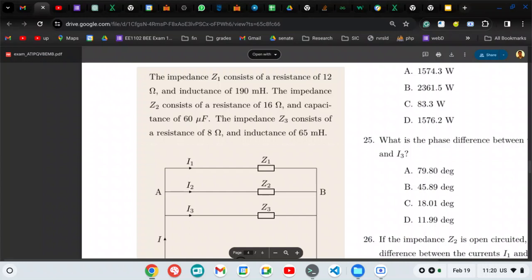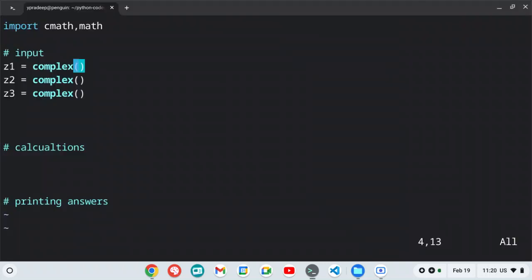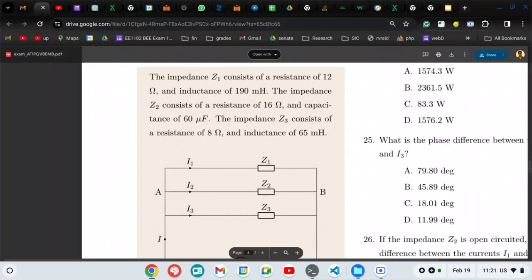What is the formula for converting the individual components into impedance? The real component will be 12, comma, 2 into pi, so math.pi, into frequency 50, into inductance. What is the inductance? 190 millihenries.